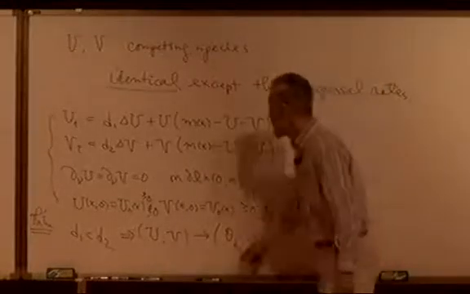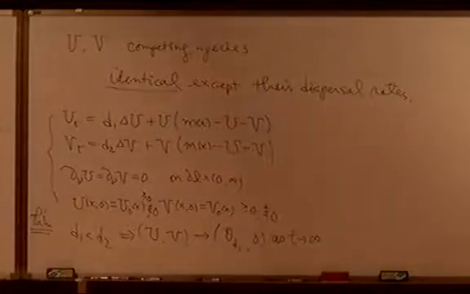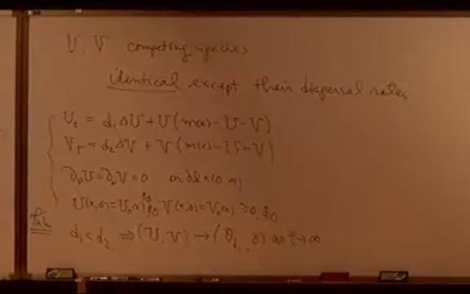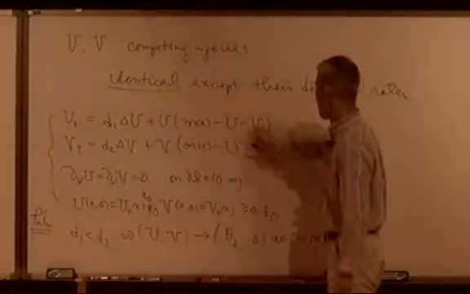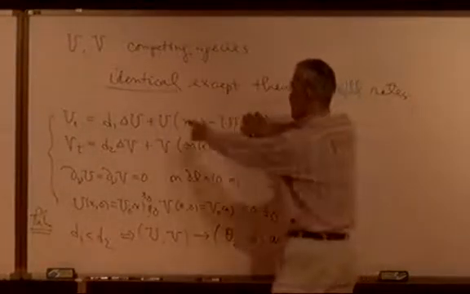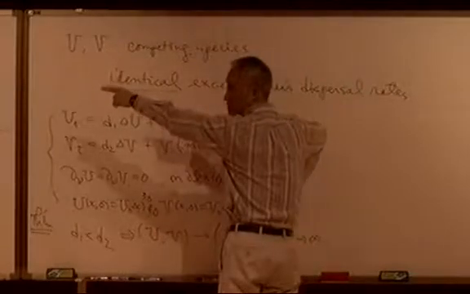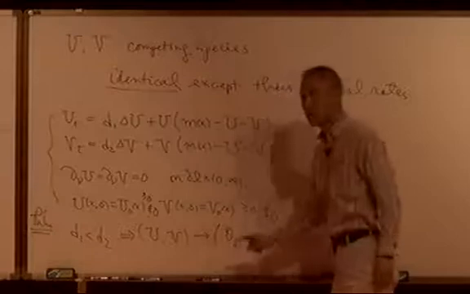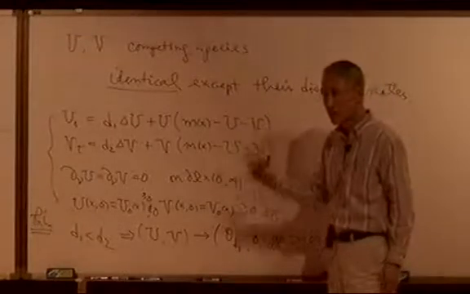The theta_D1 is the solution for the single equation. You see, if your V is 0, this is not there. This equation is the same as that one. So theta_D1 is the unique steady state for the single equation for U.